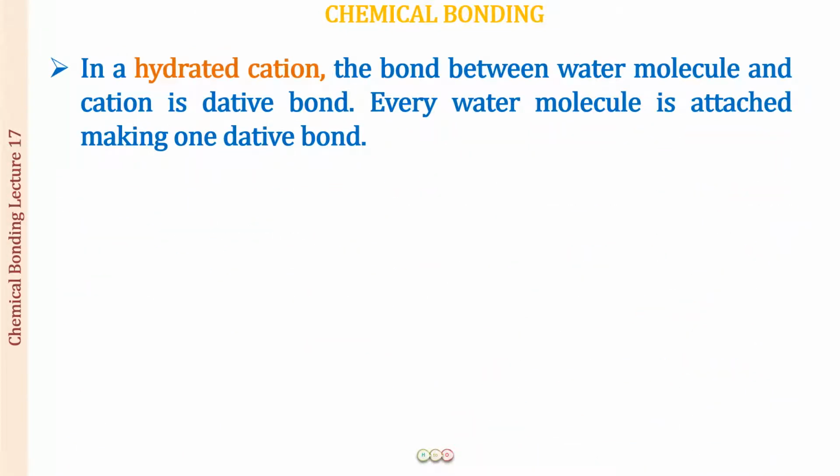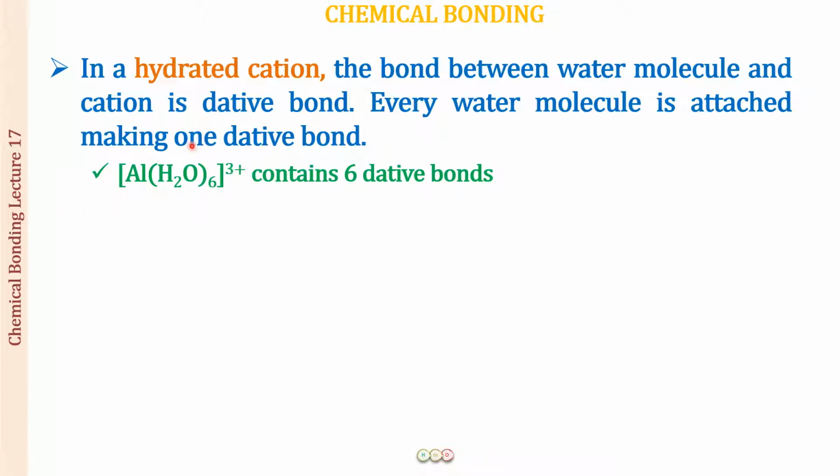The next example where we can see a coordinate bond is in case of a hydrated cation. Hydrated cation means a cation which is associated with water molecules. So the bond between the water molecule and the cation in this case would be a coordinate bond, and every water molecule is attached making one dative bond. For example, we have [Al(H2O)6]3+.